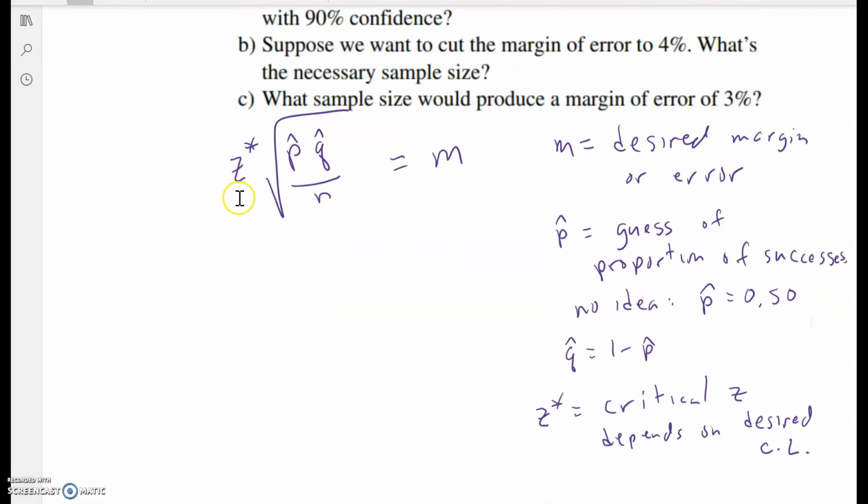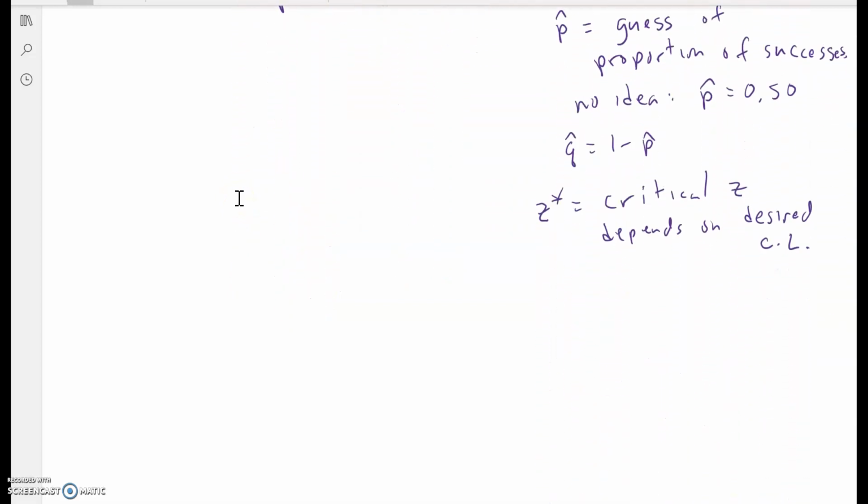Just to refresh your memory, for 90% confidence, the z is 1.645. For 95% confidence, z is 1.96. For 99% confidence, z is 2.576. For any other confidence level, like if they ask for 98% confidence or something like that, then just go to that normal curve website and figure it out.